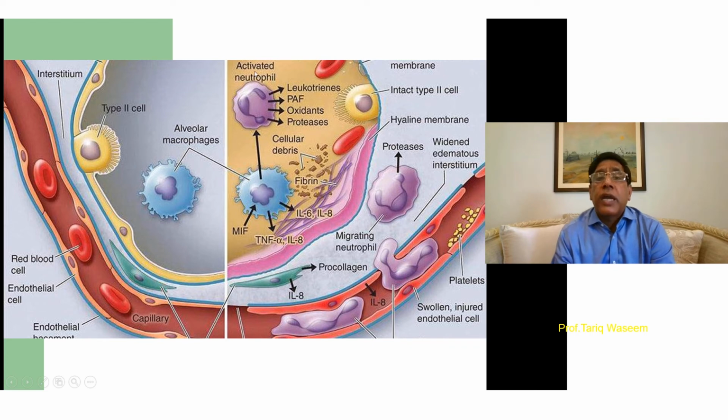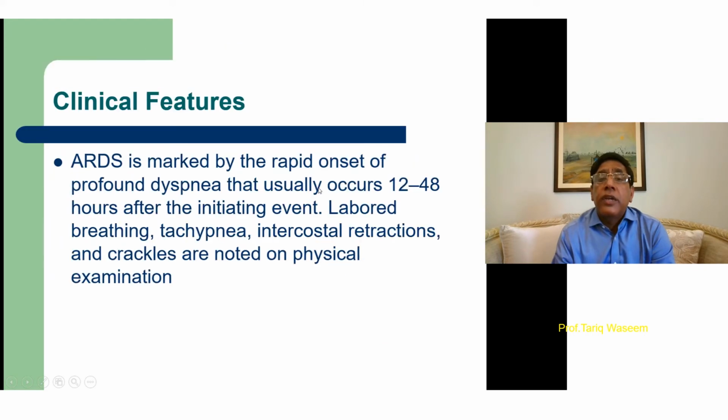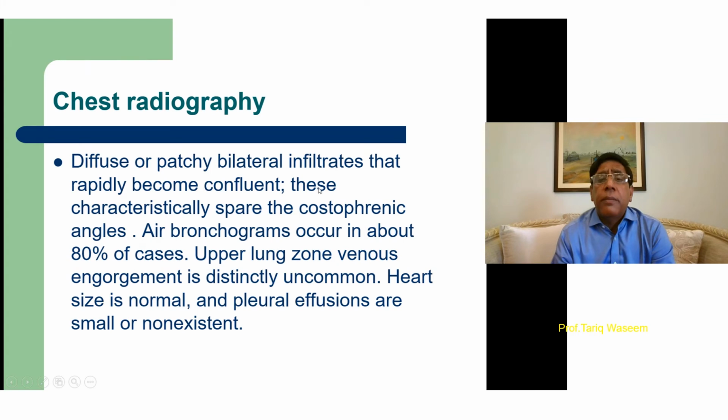From here, the activated neutrophils release leukotrienes, platelet activation factor, oxidants and proteases, and this is the time the alveolar macrophage starts playing its role as well. It releases migration inhibitory factor, tumor necrosis factor, and interleukins 6 and 8, and then fibrin is released, and this is the development of fibrotic strands, which leads to damage.